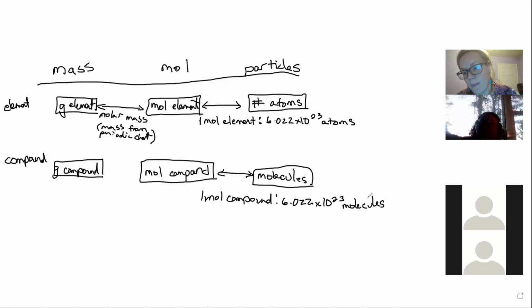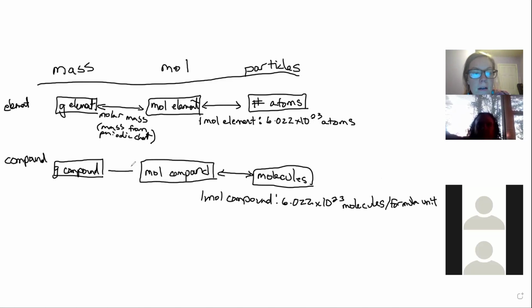Because what's the most basic particle of a compound? It's a single molecule. Or this can also be a formula unit. And when I say formula unit, I mean like NaCl or Al2(SO4)3, something that is ionic.